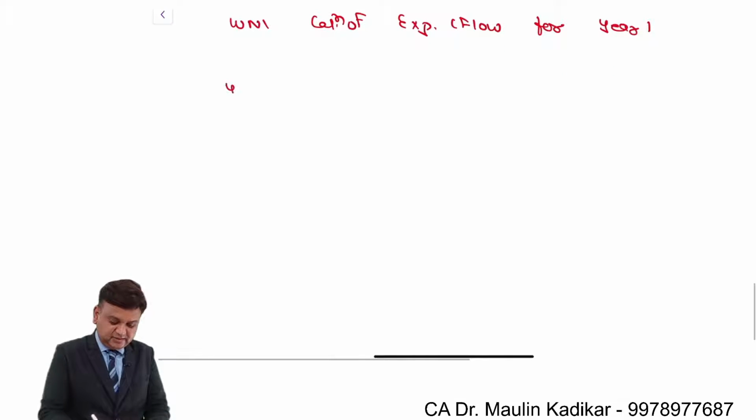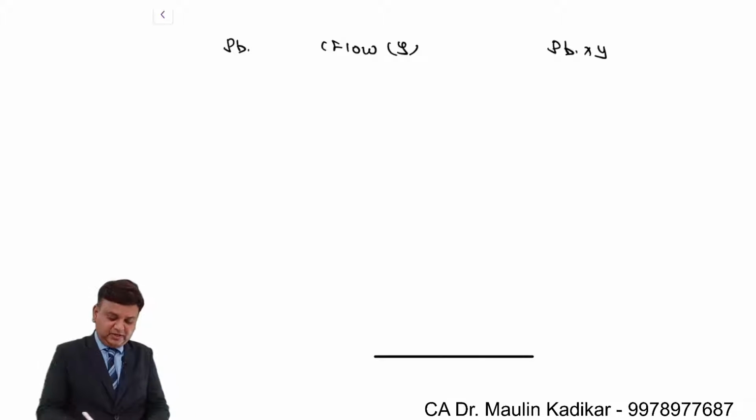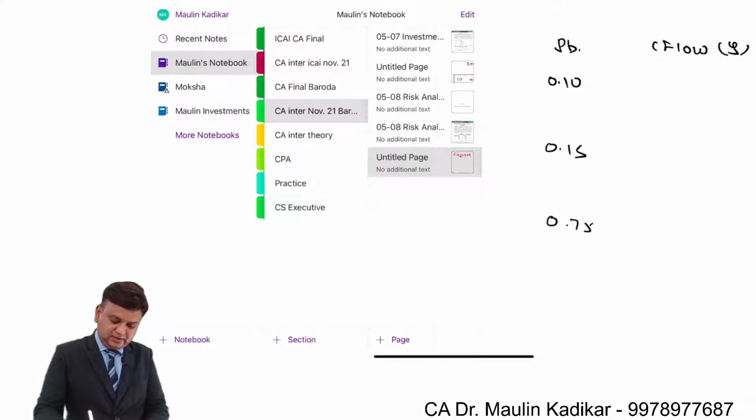In that case, probability and cash flow, let us assign y variable to it, probability into y. So 10, 15 and 75.